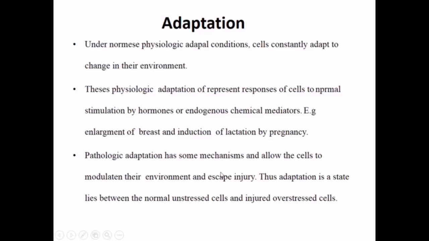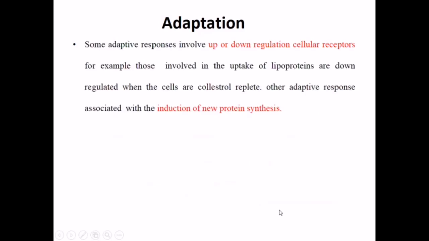Pathologic adaptation has some mechanisms and allows the cell to modulate their environment and escape injury. And this adaptation is stabilized between the normal unstressed cell and injured overstressed cells.